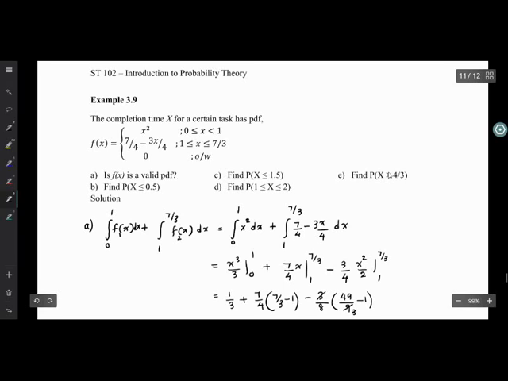So make sure you know the exact value. It's 7 over 3. What is it? It's 3.333 and something. So this 7 over 3 is greater than 3. Then you need to find the probability x greater than 4 over 3. What is that value?